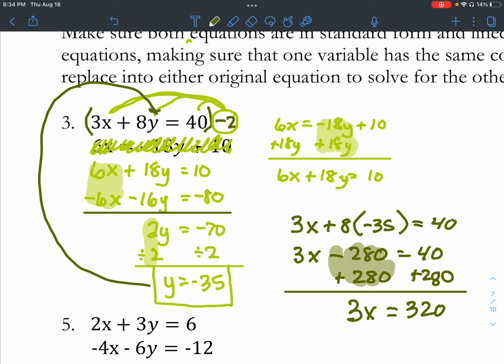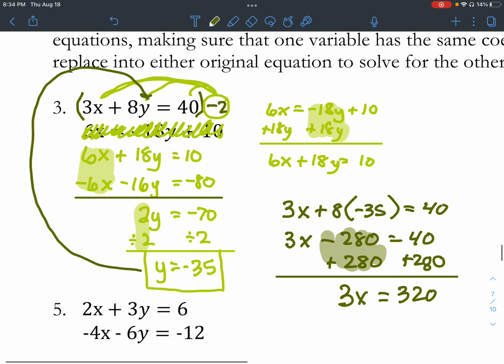And I don't know if I made a mistake or not, but that is not going to be a nice number. I got what x equals, this would be 106 and technically 2/3 when I plug in my calculator. I'll have to come back to this one in a second, unless I made a really silly mistake.